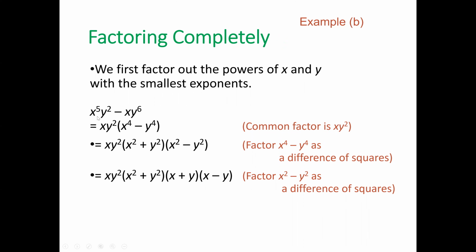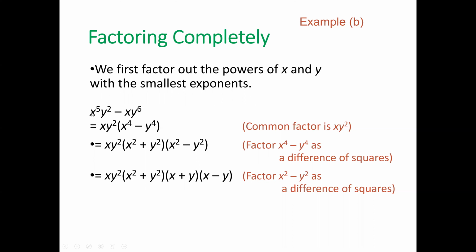So another question, x to the power 5 y squared minus x y to the power 6. Here also the best way to solve this problem is to find the GCF, the common factor. We have x here, x to the power 5, so only x. y squared and y to the 6, so y squared will come out. So x y squared will be our common factor.